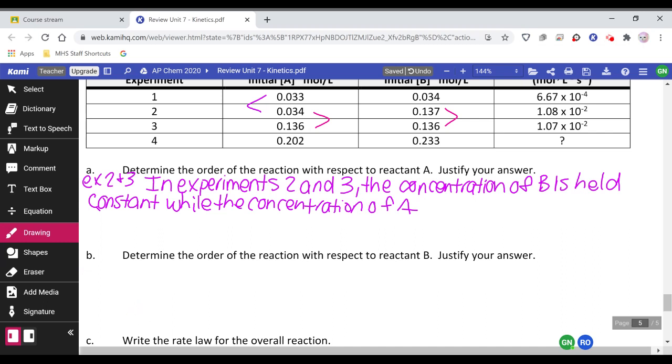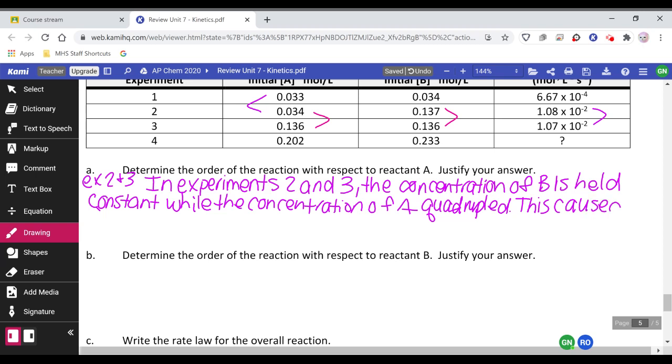Sorry, quadrupled. Okay. What effect did that have on our rate over here?